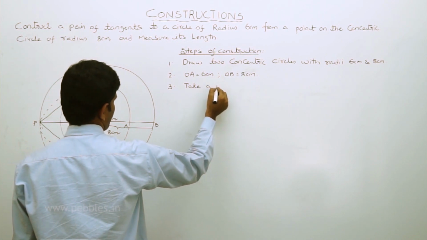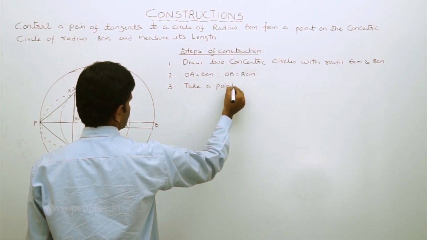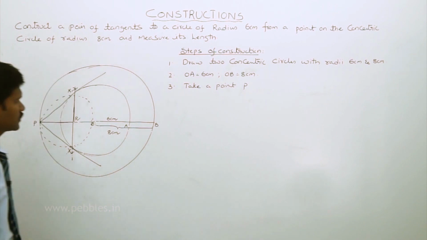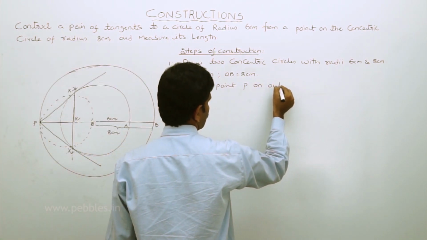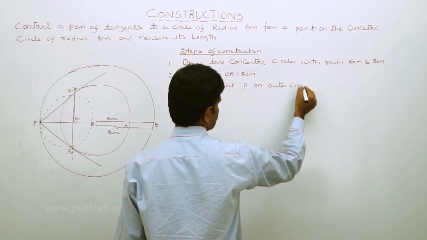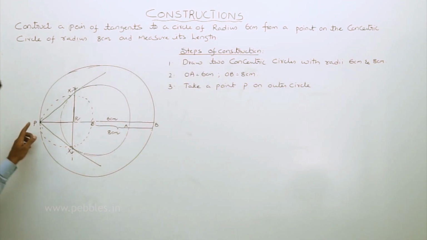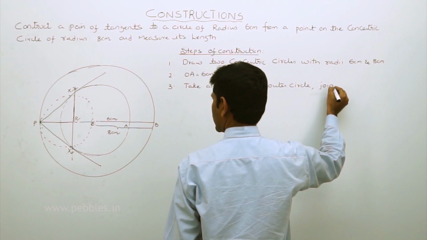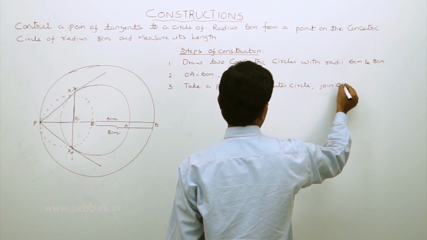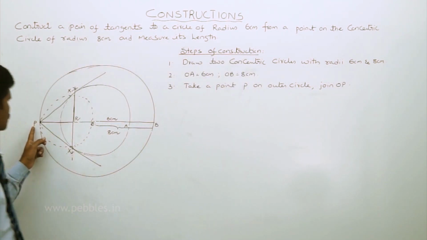Take a point P on the outer circle, join OP.